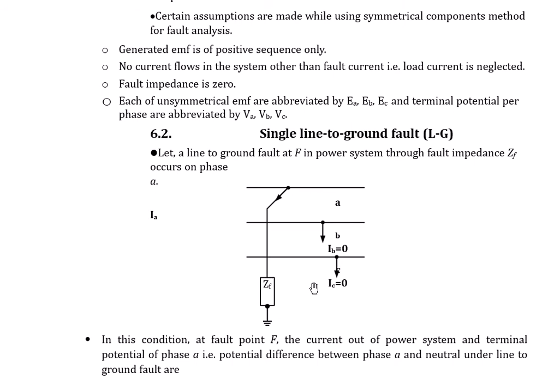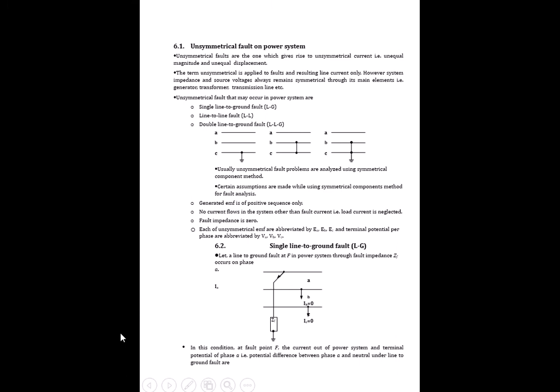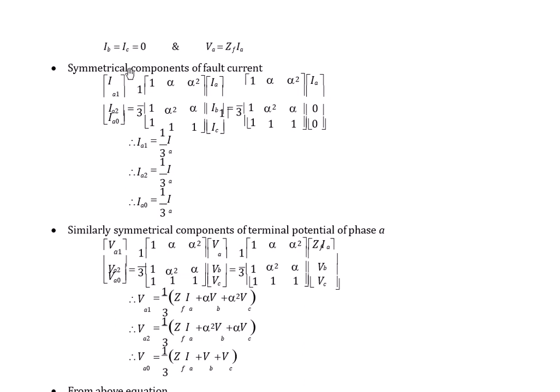Let a line to ground fault occur at F in the power system through fault impedance ZF on phase A. In this condition, at fault point F, we consider the current out of the power system and the terminal potential of phase A, the potential difference between phase A and neutral. Under line to ground fault, IB and IC are zero because these two phases are healthy.